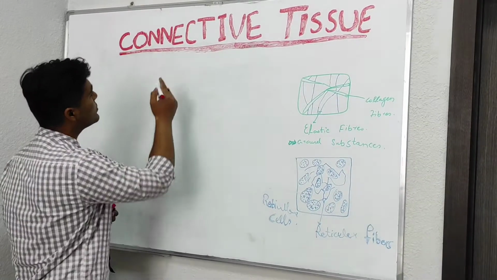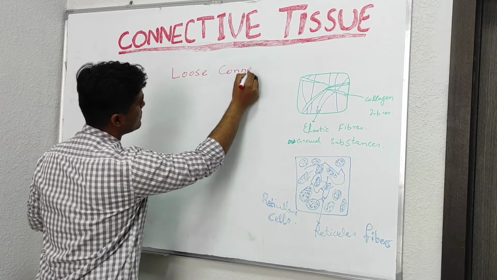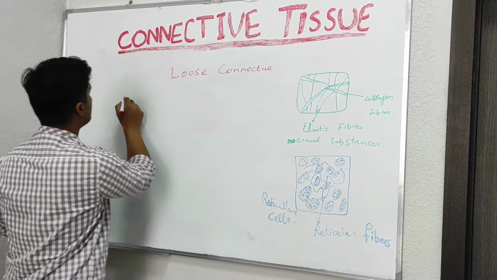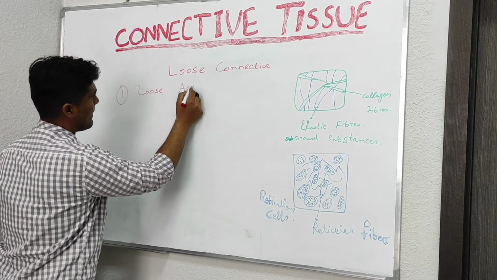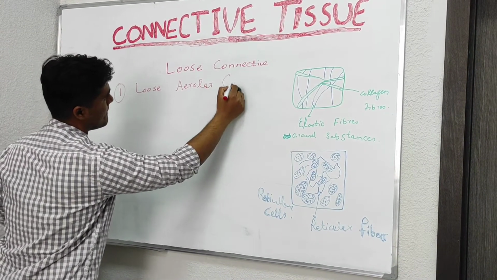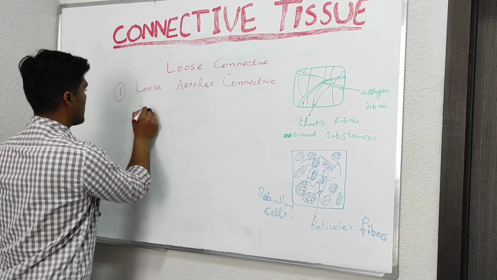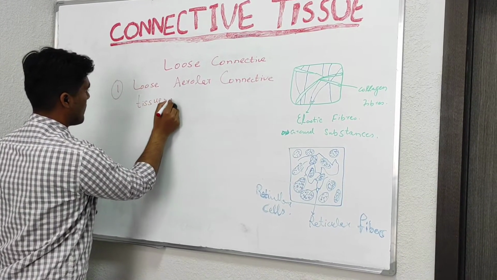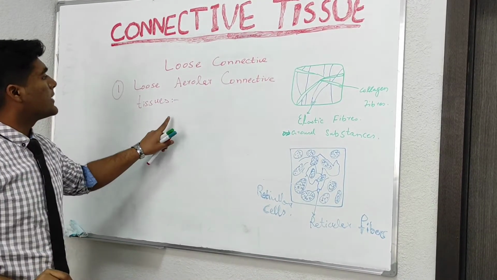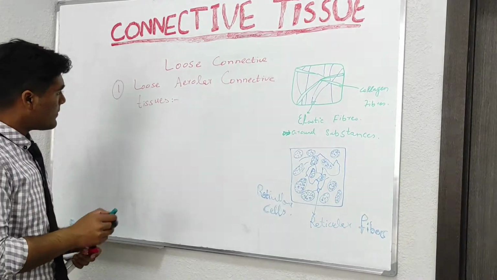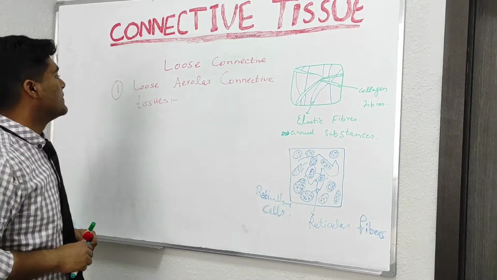Talking about loose connective tissue, its first type is loose areolar connective tissue. All three basic elements that a connective tissue possesses are very well explained in loose areolar connective tissue.